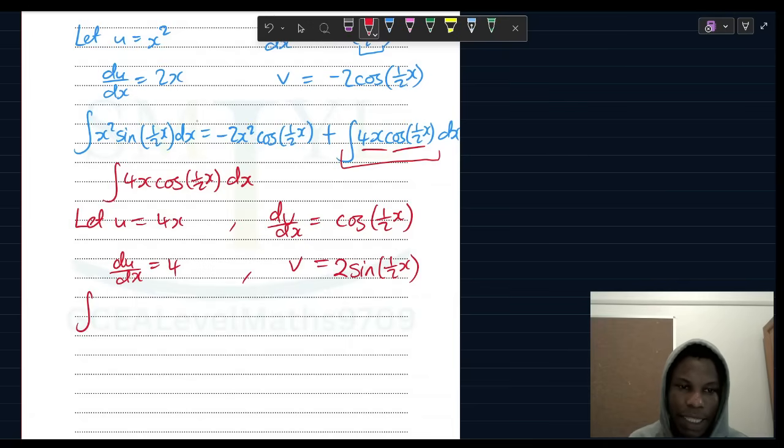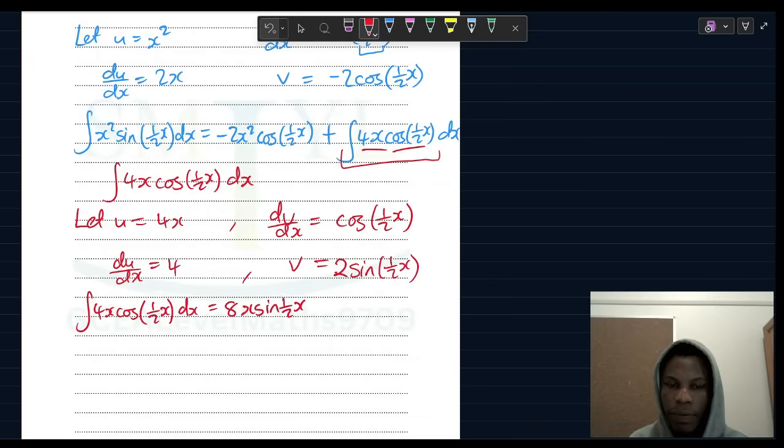So now we have that the integral of 4x cos a half x dx is equal to, that's going to be again uv, which is this time 2 times 4x times sine a half x, 8x sine a half x, minus the integral of v du, so minus the integral of 4 times 2 sine a half x, 8 sine a half x with respect to x.